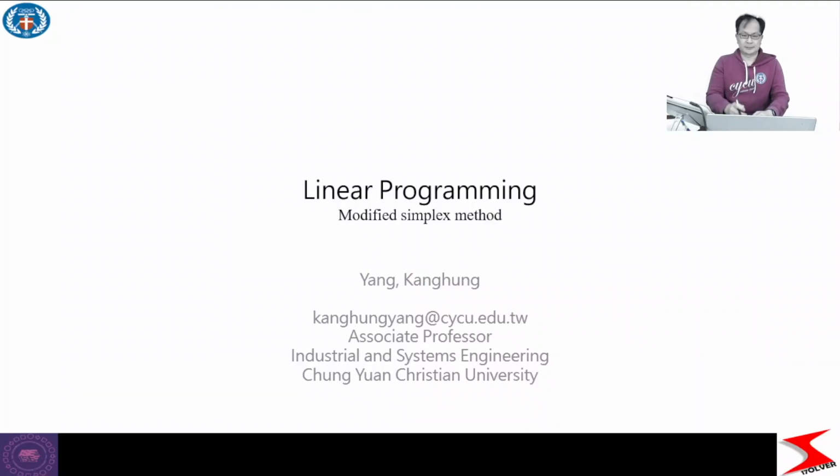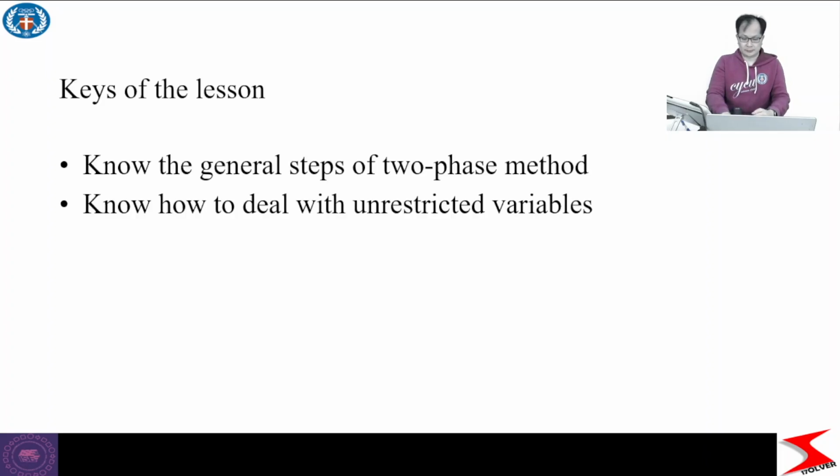Hi class, in this lecture I would like to talk about the modified simplex method. The modified simplex algorithm includes a two-phase method at the beginning of the simplex algorithm, once there are some constraints which are not less than or equal to sign.